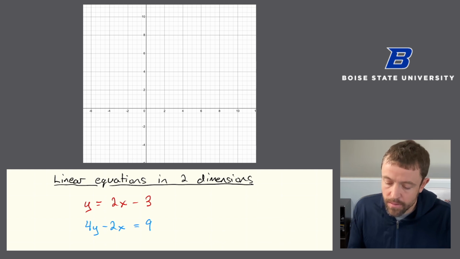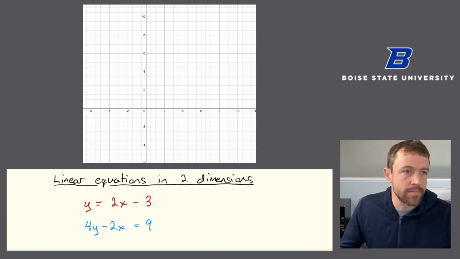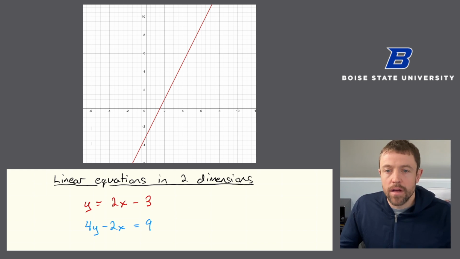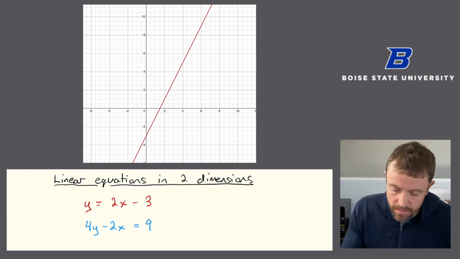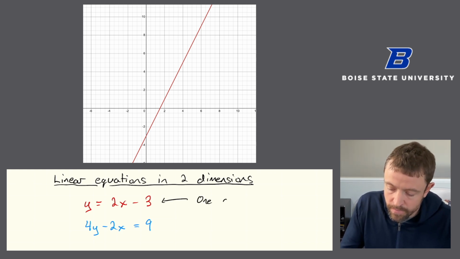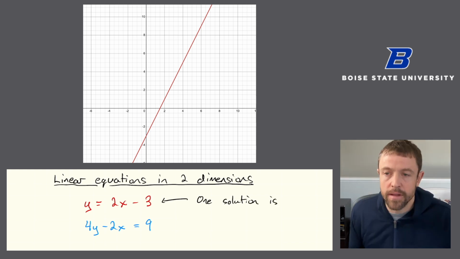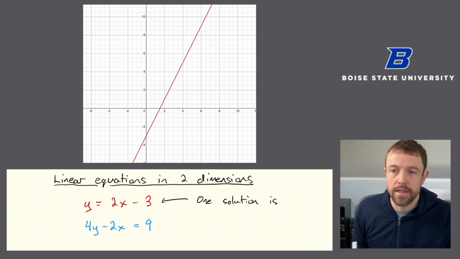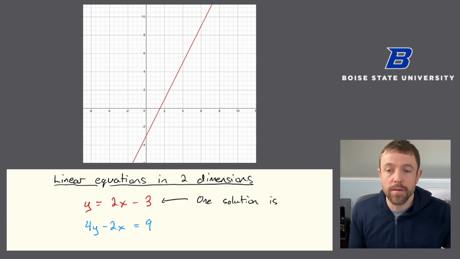my line y equals 2x minus 3. A solution to this linear equation is a set of values of the variables that make the equation true.